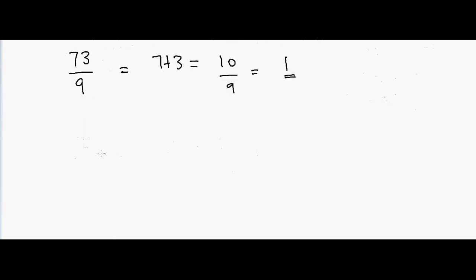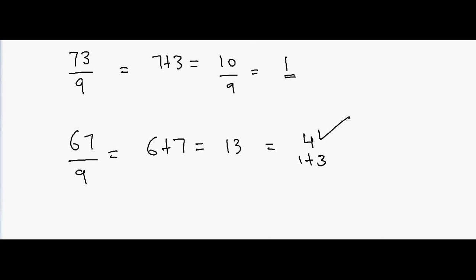Again, if I have 67 and I want to divide by 9, in that case 6 plus 7 is equal to 13, and again 1 plus 3 is equal to 4, so the remainder is 4. Another way is to divide 13 by 9, and in that case you will also get 4. So if you divide 67 by 9, the remainder is 4.